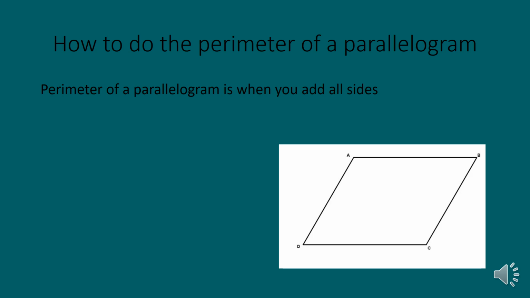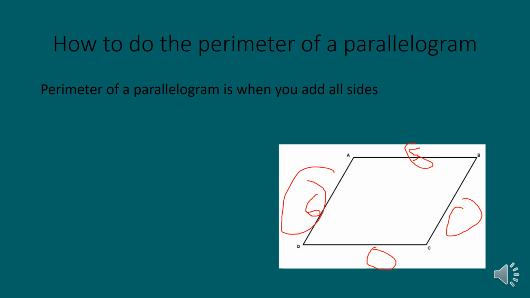Now that I've explained to you how to do area and perimeter of a rhombus, now let me explain to you how to do the perimeter of a parallelogram. Well then, we know perimeter of a parallelogram is the same thing as the perimeter of a rhombus. You just add all sides. And because we know this side and this side are both equal, same as this side and this side, well then we could just put, let's say this side is 6 and this side is 5.